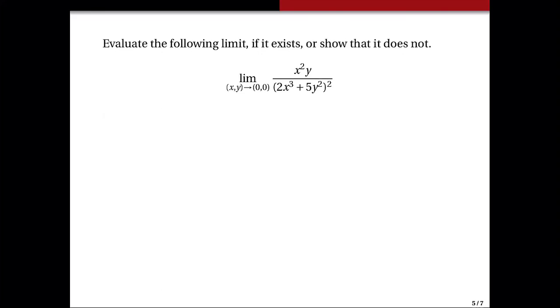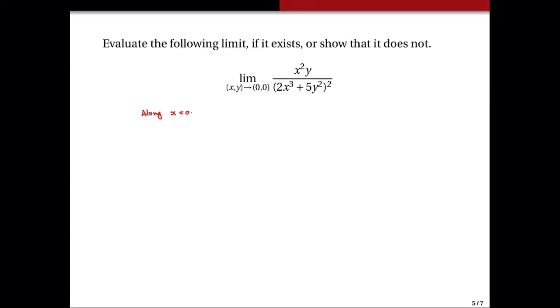Let's see. I hope you would see that obviously if you use the curve x equals 0 or y equals 0, you will get the same limit. Well, at the very least, I hope you would see that one. So just use one of them. Let's say along x equals 0.